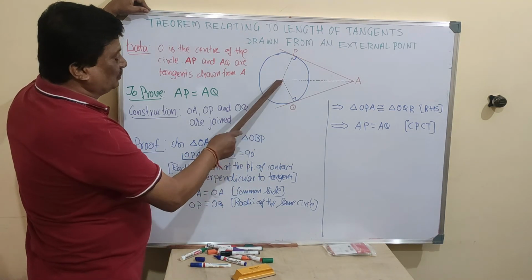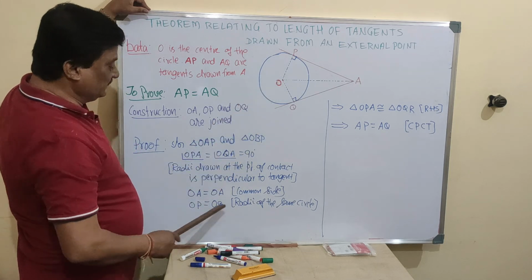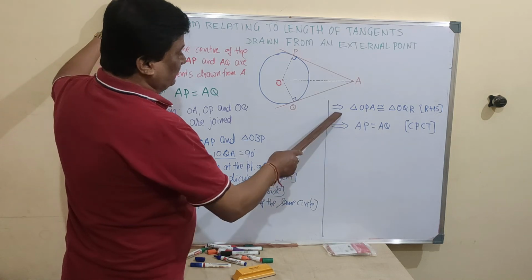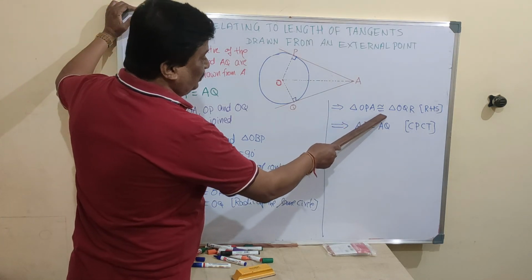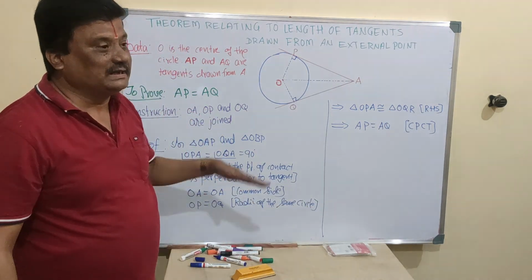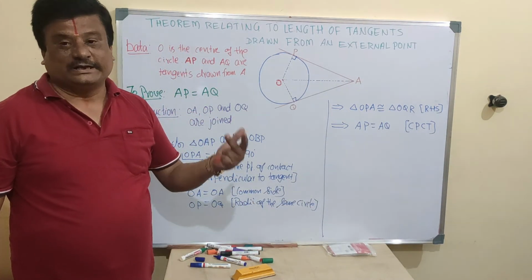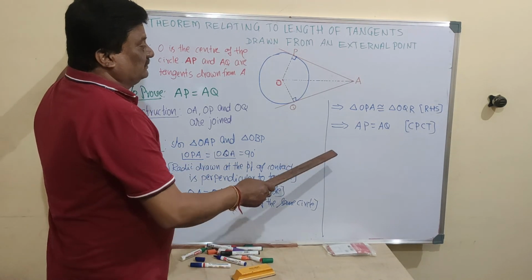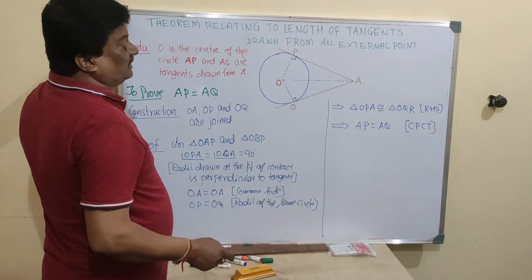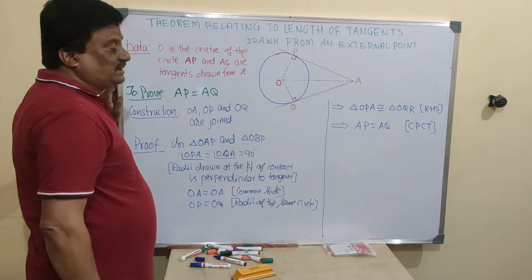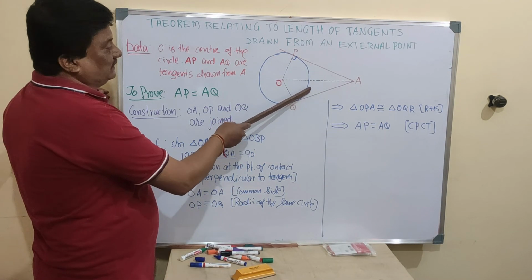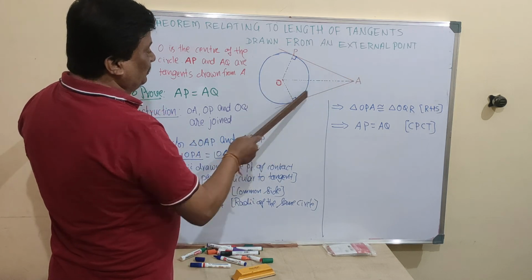And OP is equal to OQ, because they are the radii of the same circle. So triangle OPA is congruent to triangle OQA because of RHS. RHS means R is right angle, H is hypotenuse, S is side. If the right angle, hypotenuse and side of one triangle are equal to those of another triangle, then the two triangles are congruent. If these two triangles are congruent, it implies AP is equal to AQ.